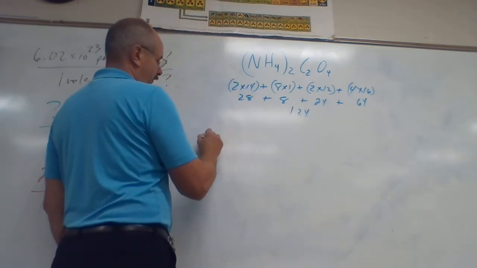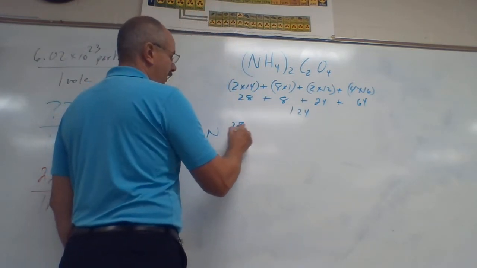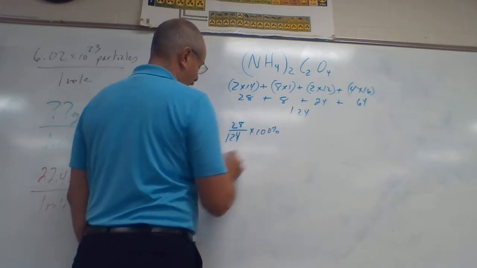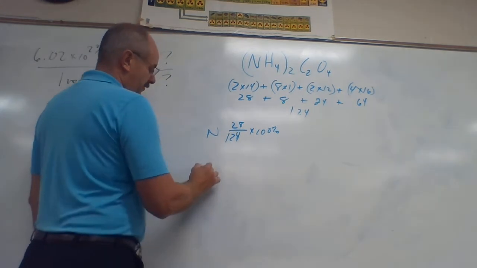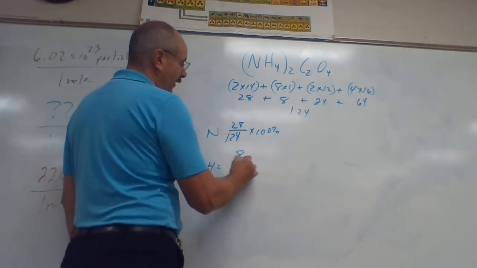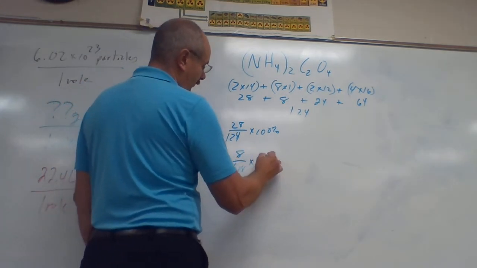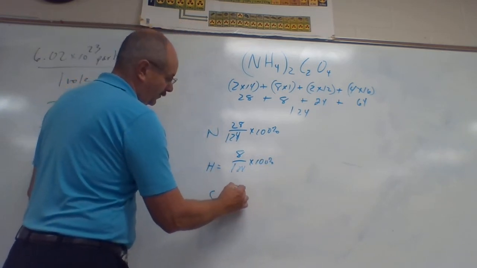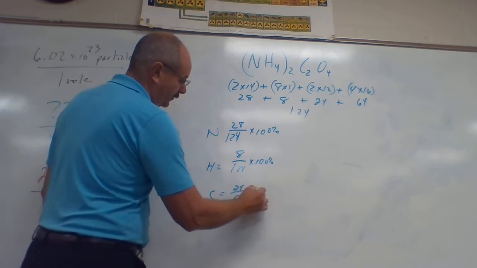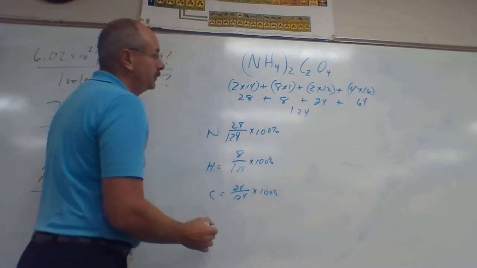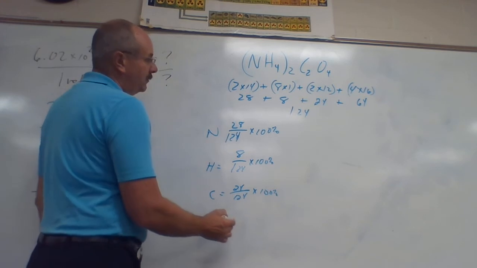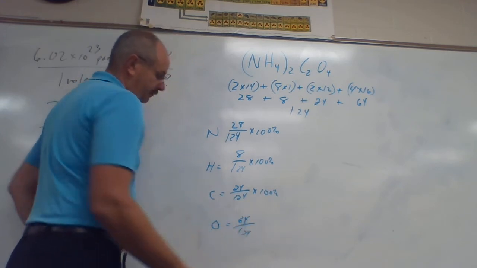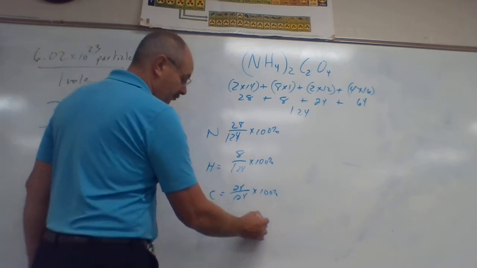So I'm going to go for the first one. For nitrogen, we're going to go 28 divided by 124 times the 100%. And then my hydrogen, he supplies 8 grams out of the 124 times the 100%. Then I hit carbon, he supplies 24 grams out of the 124 times the 100%. Then I get to oxygen, which supplies 64 grams out of the 124 times 100%.